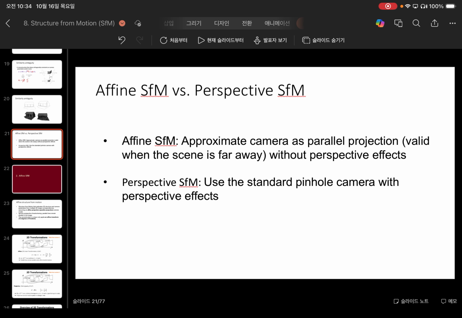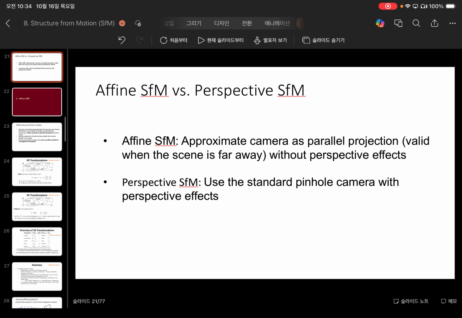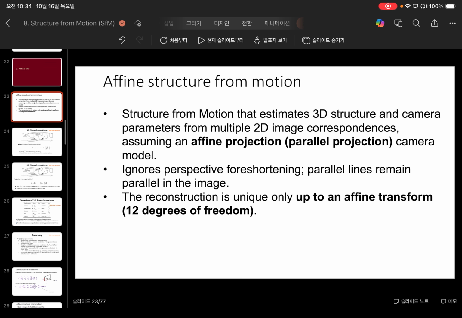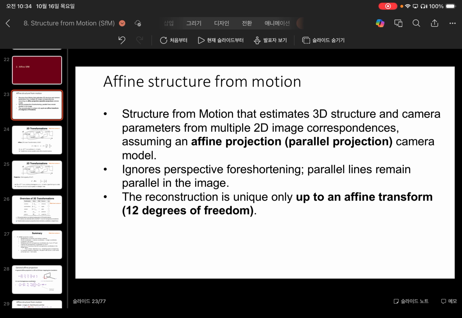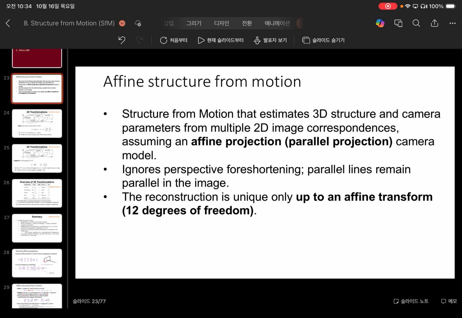Originally, it should be perspective projection, an arbitrary 4x4 matrix, but we are trying to alleviate the ambiguity of SfM by approximating the camera as a parallel projection. It is only valid when the scene is far away. And projective SfM uses the standard pinhole camera with perspective effects. So affine SfM tries to reduce the ambiguity by approximating the camera as the affine transformation matrix.